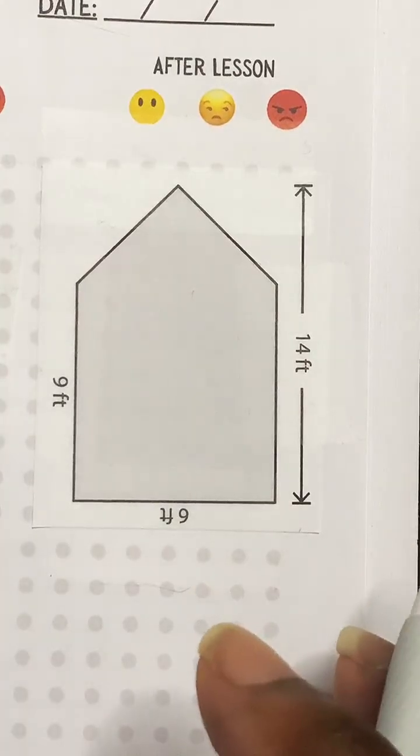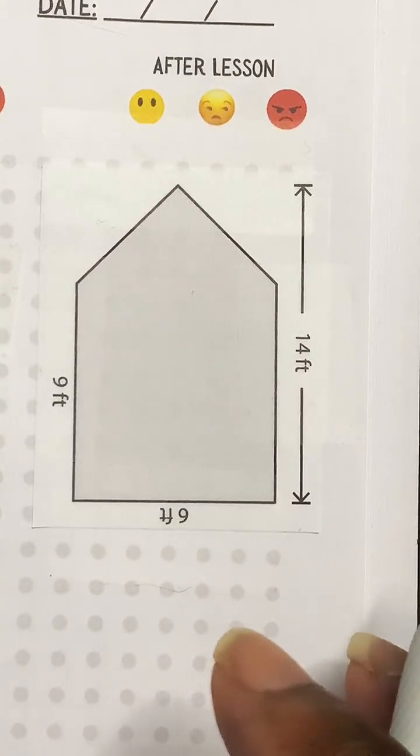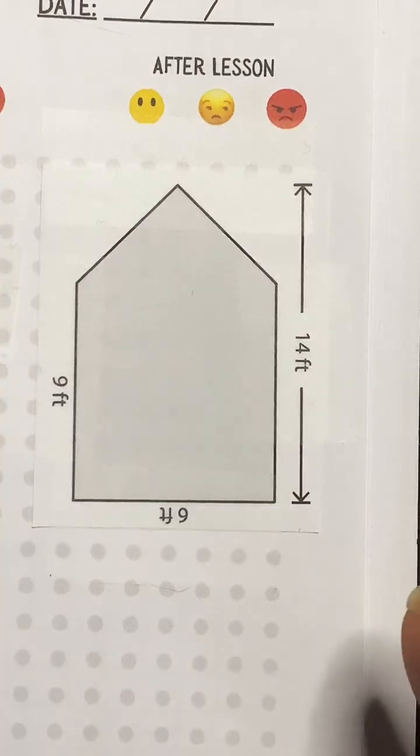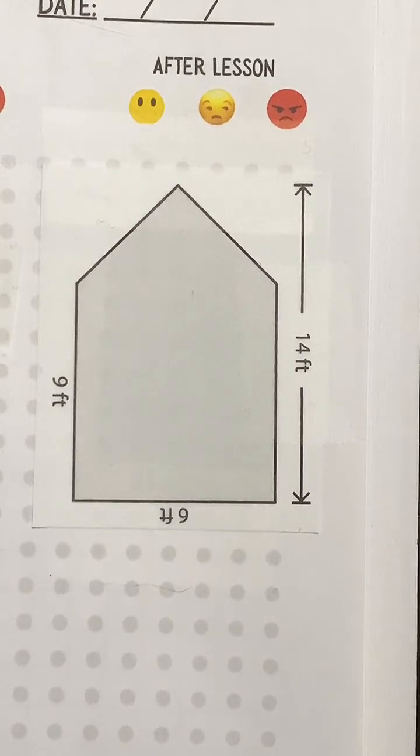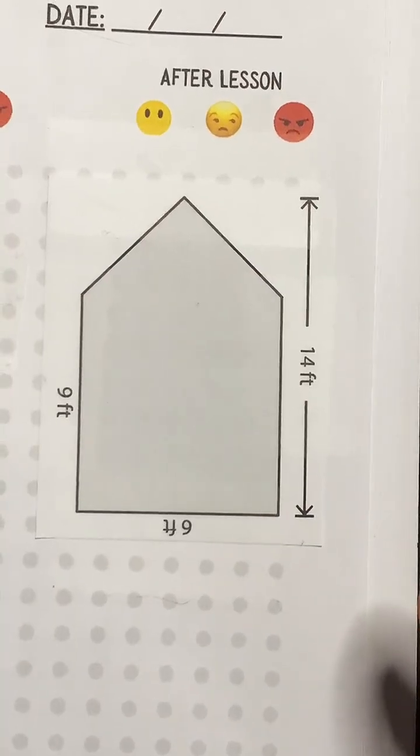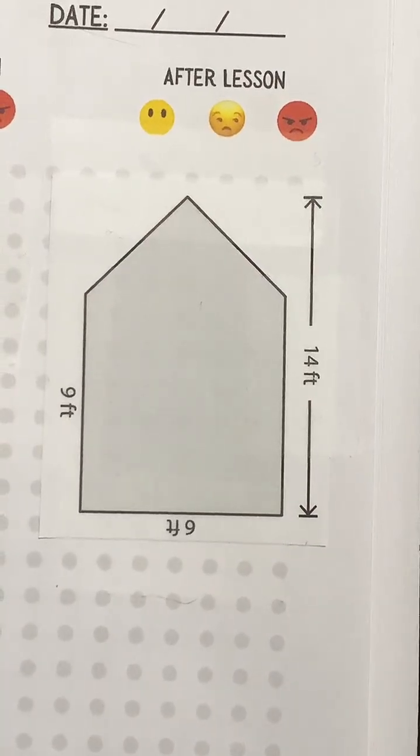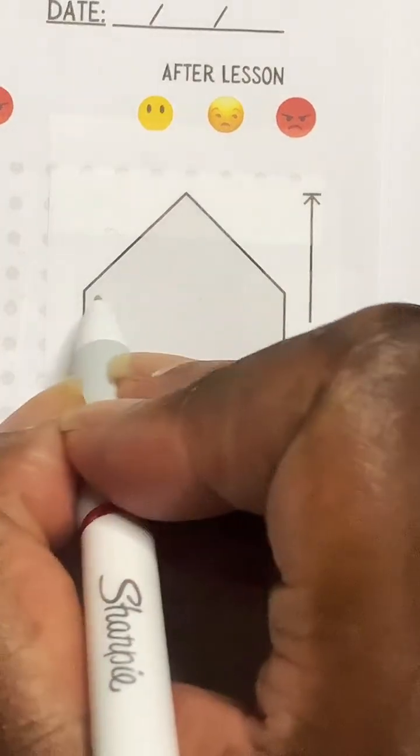Okay, you see a triangle and a rectangle. Okay, a square and a triangle. We see a triangle. So yep, we're seeing a triangle.